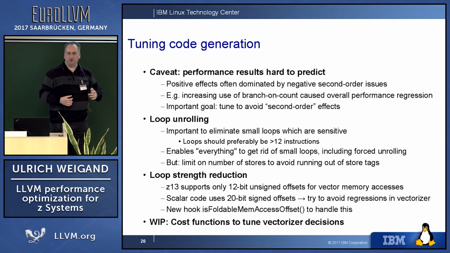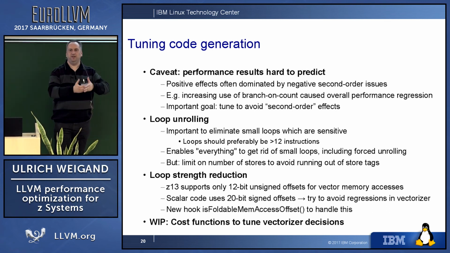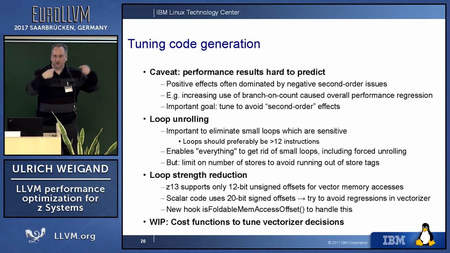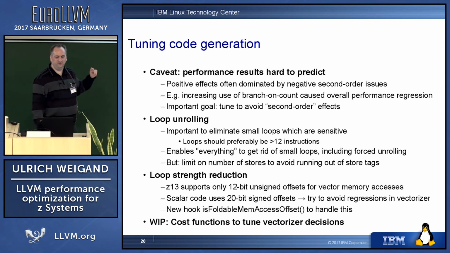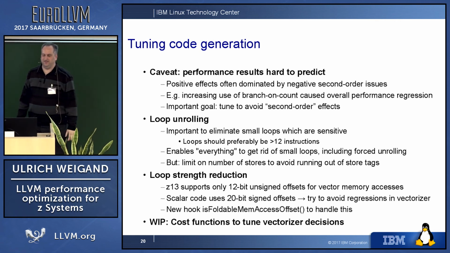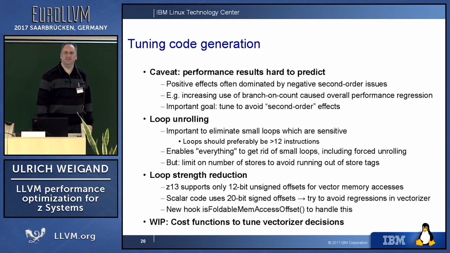So what we were seeing was that the loop strength reduction would happily introduce induction variables where every instruction had a negative offset. And then it was vectorized, and we would get load address all the time, right? So that's one thing we had to fix by preferring the unsigned offsets in the strength reduction. So yes, that's sometimes interesting.